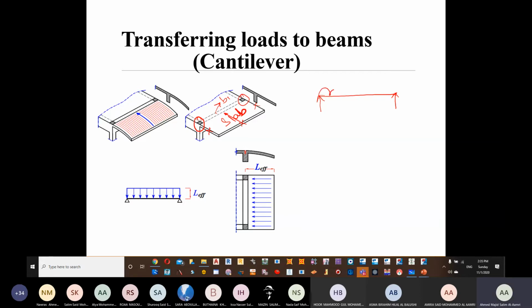The intensity of the load is going to be the total length of the slab, which is going to be now in this scenario Lx or L effective. Okay. Are we clear? Are we fine? These are basic things that you should have already studied.